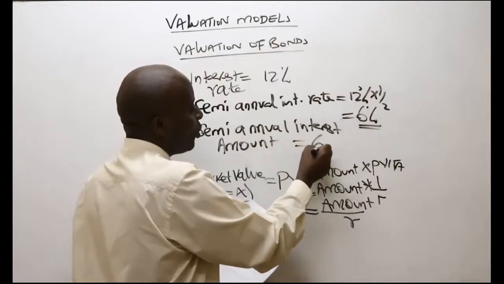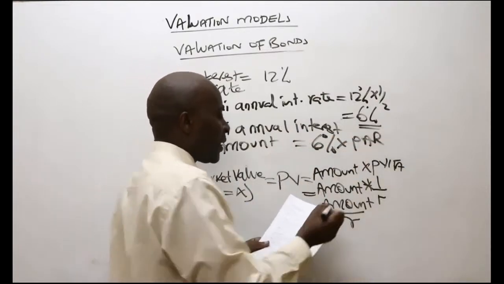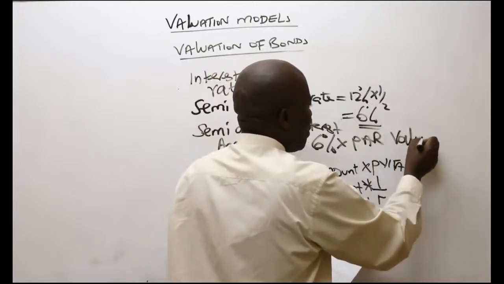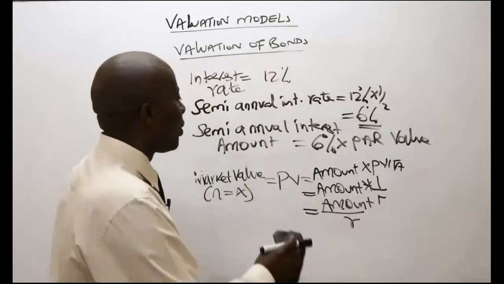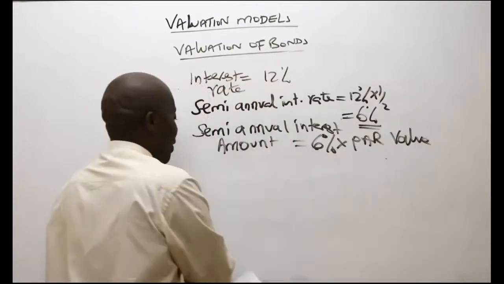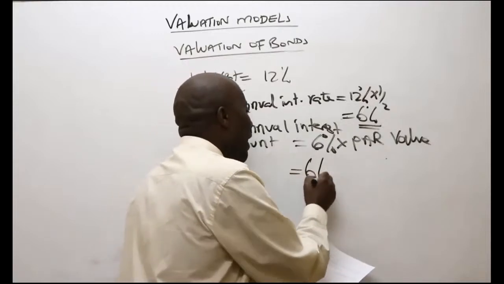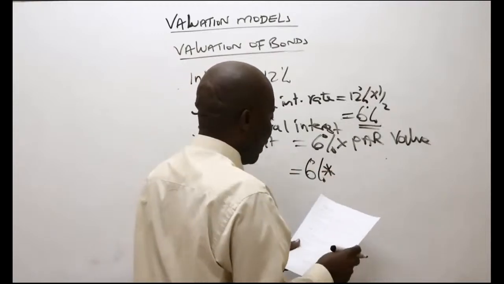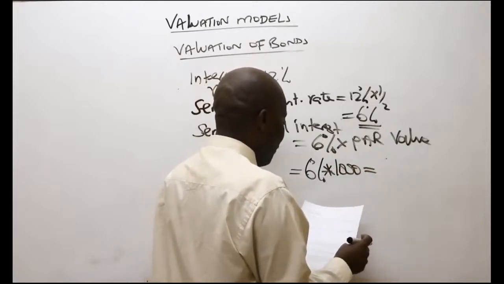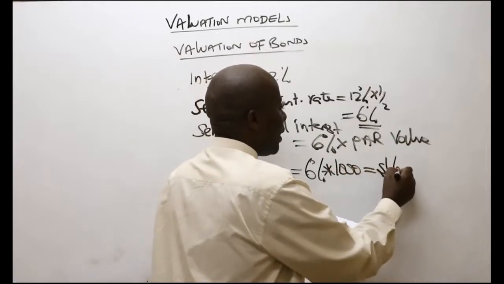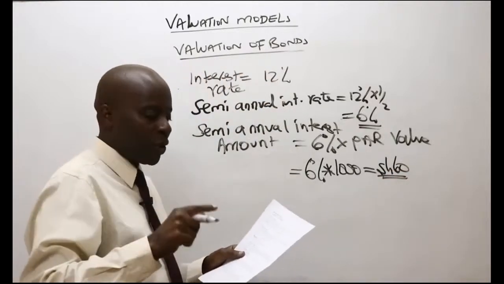This will be equal to 6% of the par value, which will be 6% of the firm's par value, which is 1,000. So, ladies and gentlemen, this will end up giving us shillings 60, every 6 months.